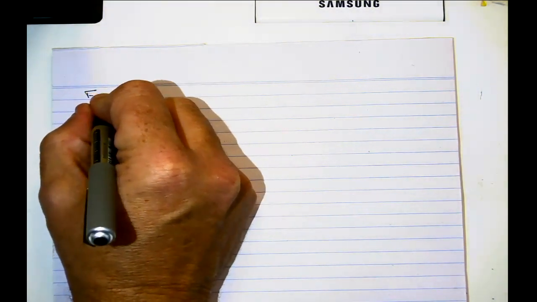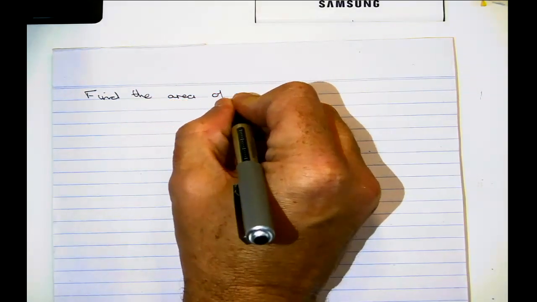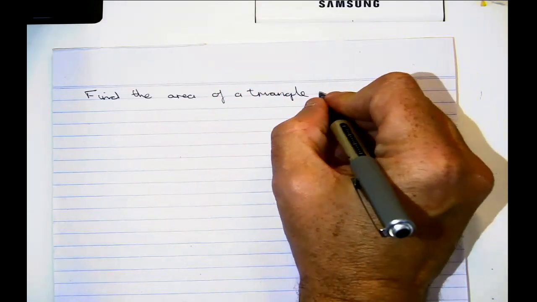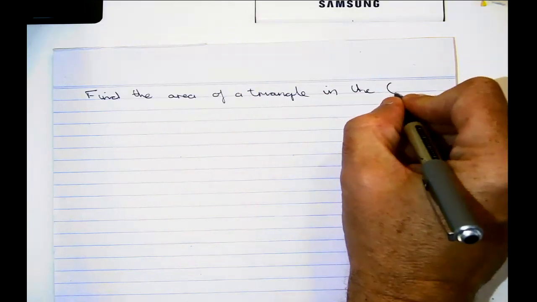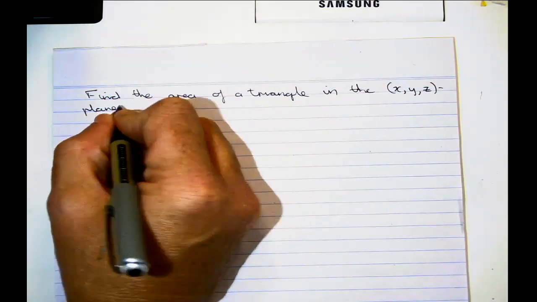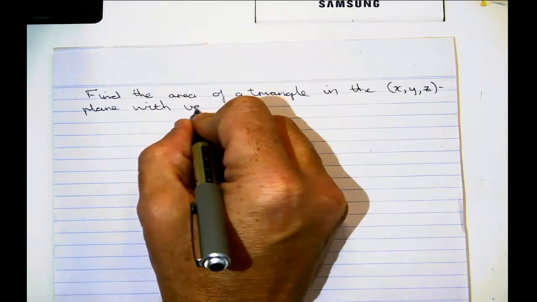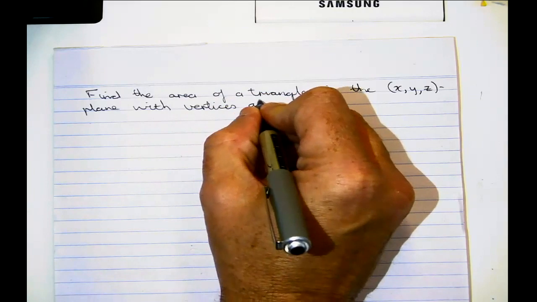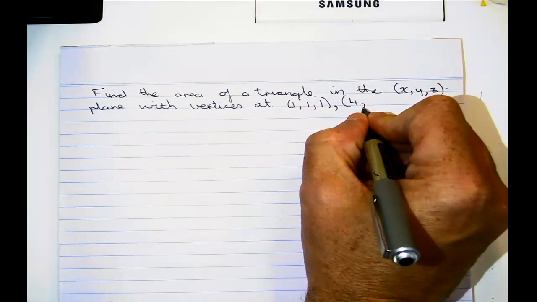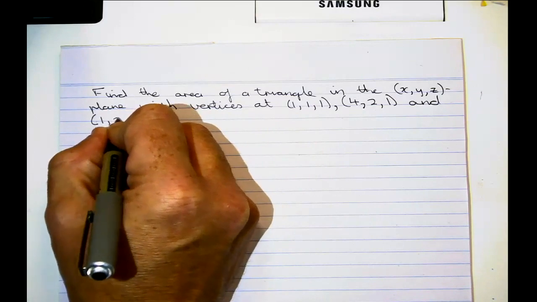Let's say I asked you, find the area of a triangle, seems easy so far, in the XYZ plane with vertices at (1, 1, 1), (4, 2, 1), and (1, 2, 2).